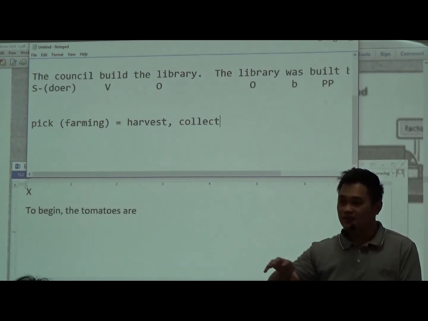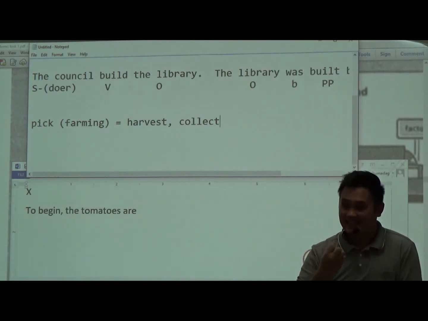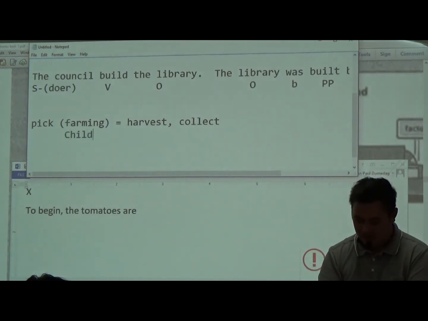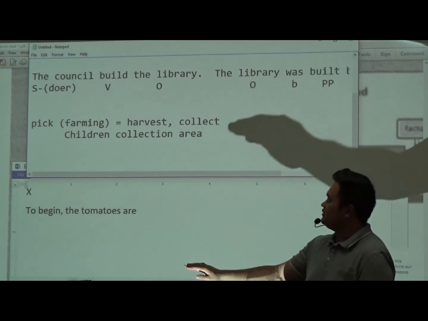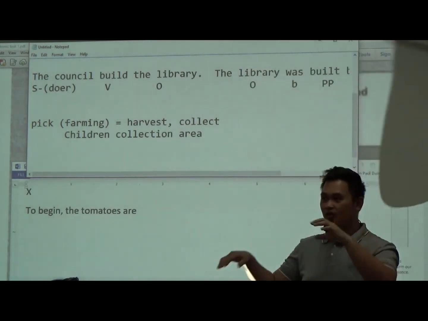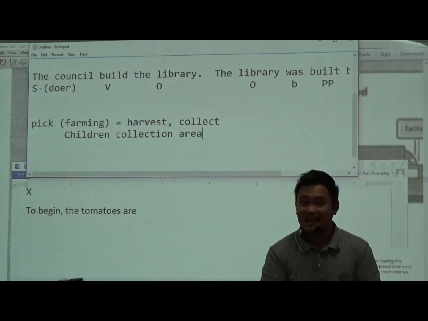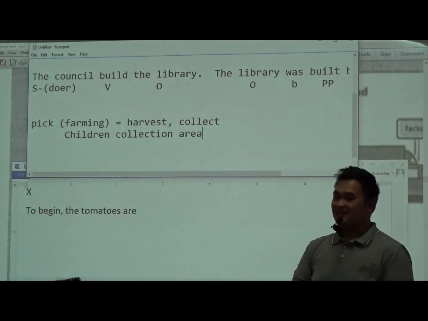The general word for collect means to get something. Okay? Have you seen this before? Children collection area. What does that mean? Do you collect the children? Oh, I have a 10-year-old here and I have a 12-year-old. No, it's not like that. What does it mean? Pick up.